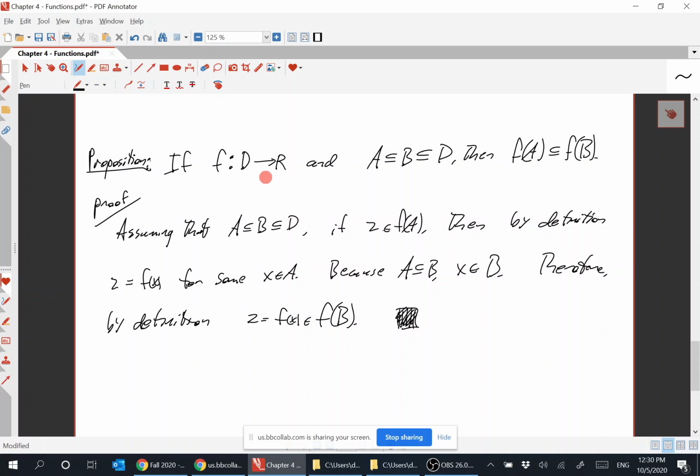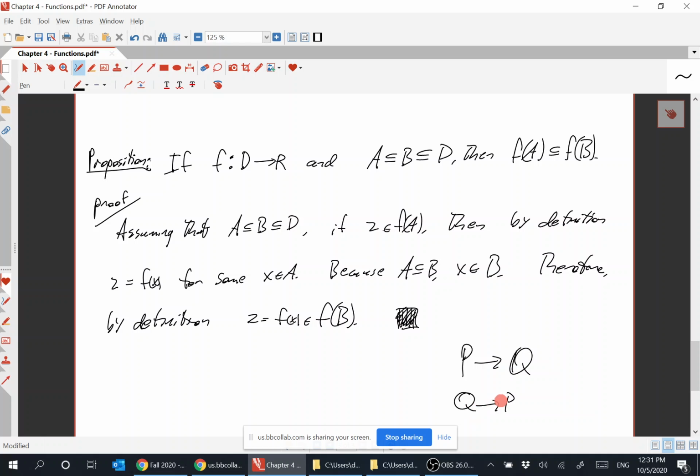This is a statement, if P then Q. If A is a subset of B, then f of A is a subset of f of B. So it's an if-then statement, P implies Q. Now often what we do is we look at Q implies P.